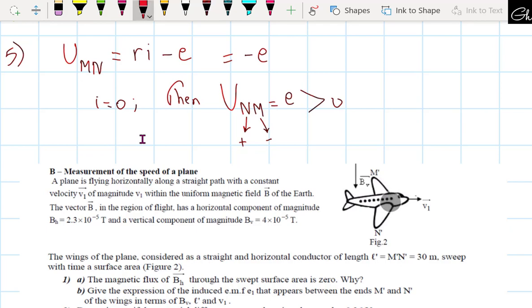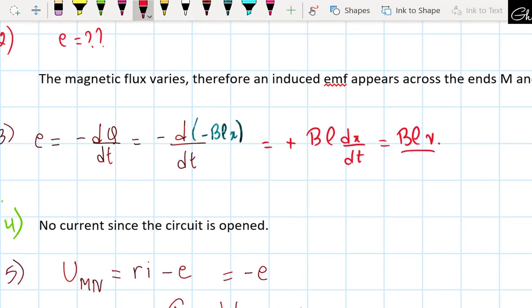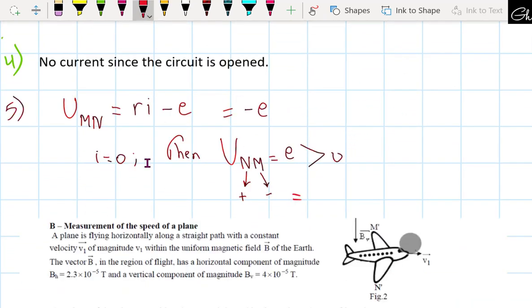Finally, I can just substitute E, which is going to be BLv, so the answer will be BLv. That's all. So as a sentence, I can write: M is the negative polarity while point N represents the positive polarity.